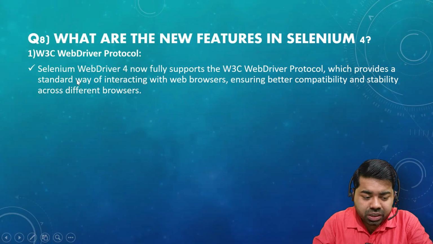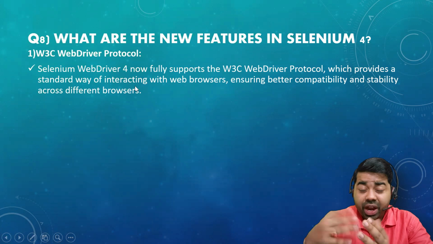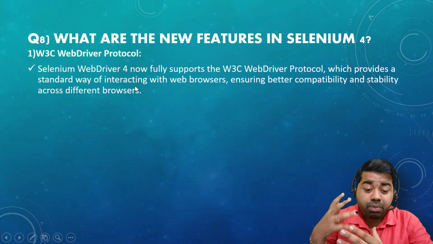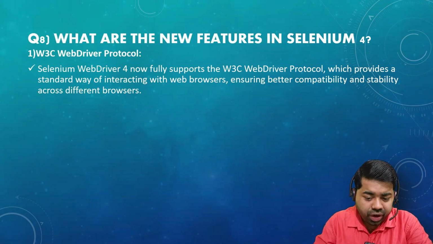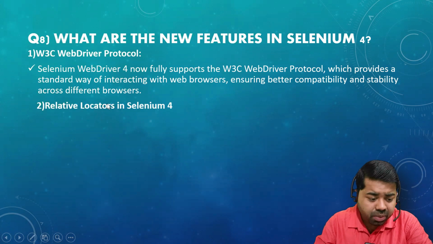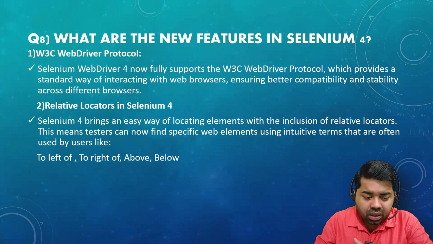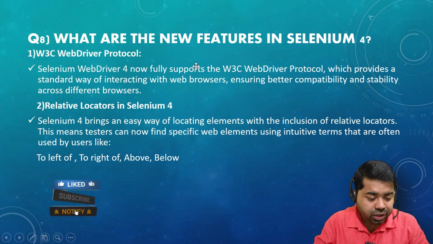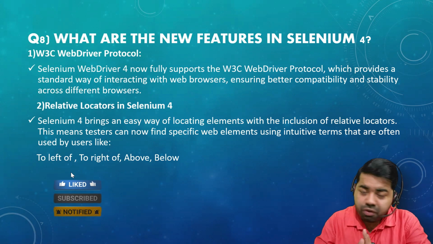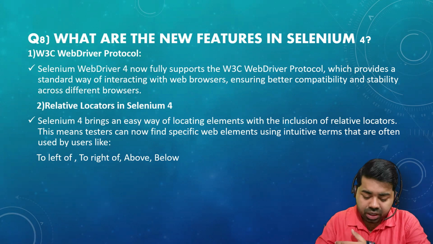Selenium WebDriver 4 now fully supports the W3C WebDriver protocol, which provides a standard way of interacting with the web browser, so communication with the driver is a bit faster and improved across different browsers. Another enhancement is for locators: for relative XPath they have added extra features: toLeftOf, toRightOf, above, and below.